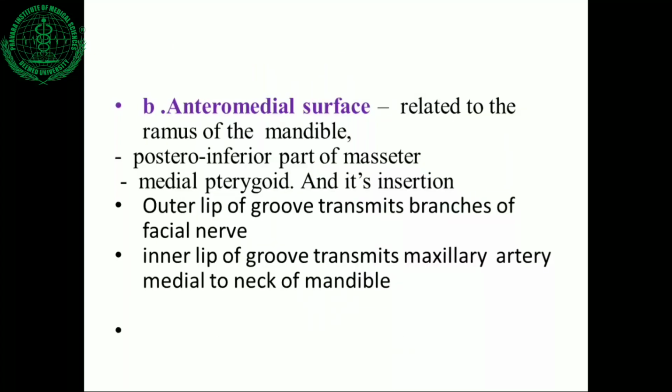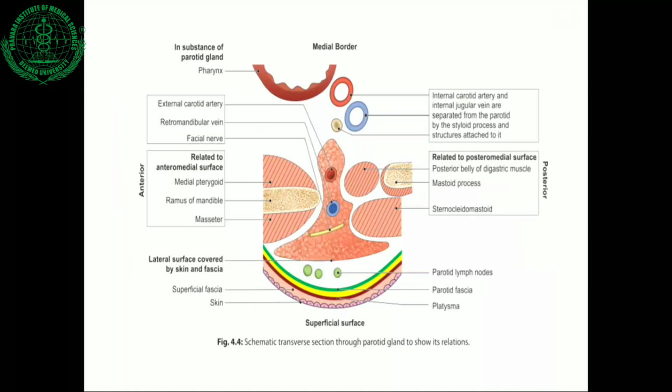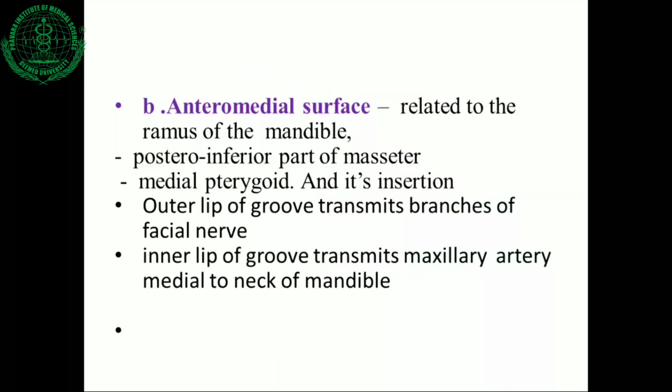Then it is related to the posterior inferior part of the masseter muscle, the medial pterygoid muscle and its insertion, that is on the lower part of the inner surface of the ramus of the mandible. Then the branches from the facial nerve run from the deep aspect of the anteromedial surface of the parotid gland.